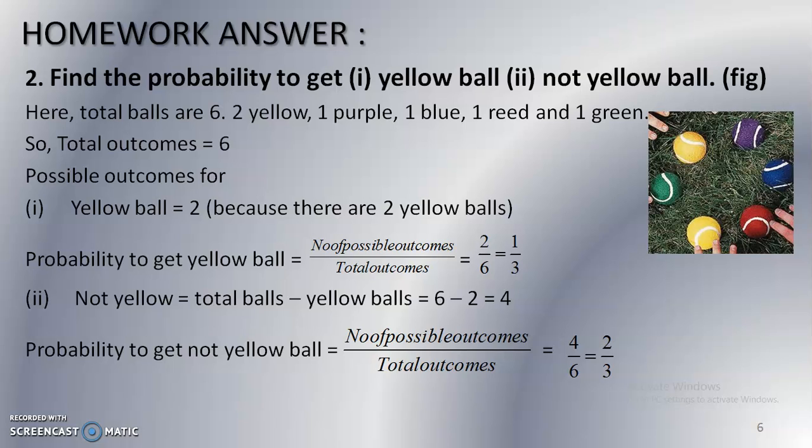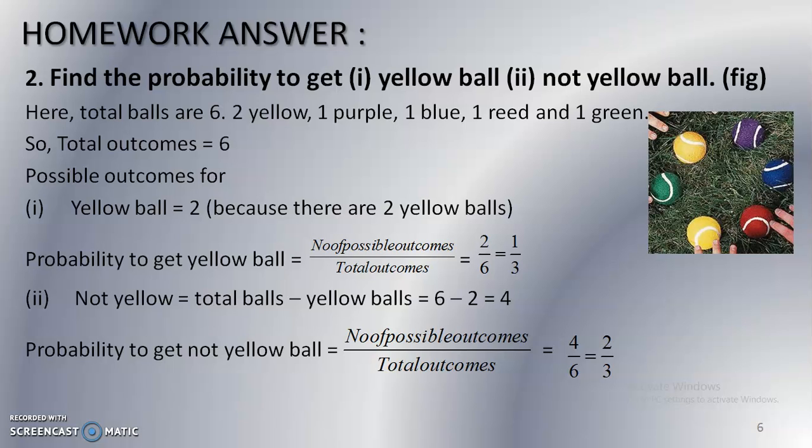So total outcomes equals 6 and possible outcomes for first one yellow ball equals 2, because there are 2 yellow balls. So probability to get yellow ball equals 2 divided by 6, and 2 3s are 6, so the answer is 1 divided by 3.